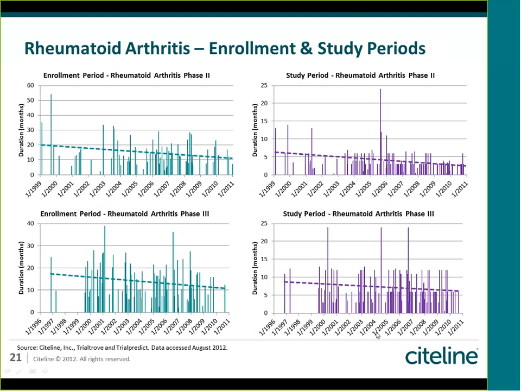In both phase 2 and phase 3 study periods, you can see that these study periods fall into fairly discrete lengths of time. And if we focus on the phase 3 graph here, one thing that stands out is that you can see the study periods fall into groups ranging from 3 months to 6 months to 12 months to 24 months. And they're all grouped together here.